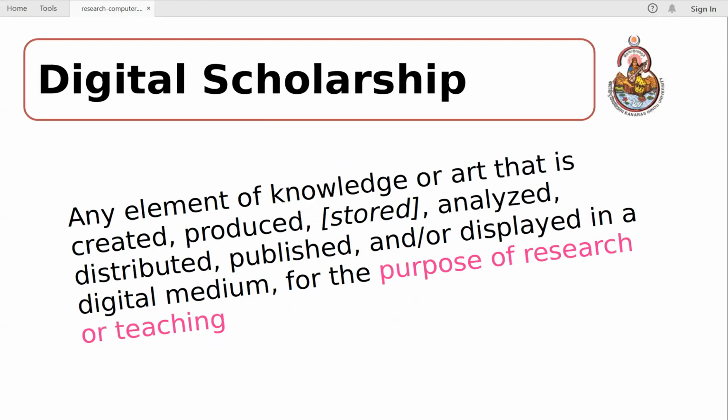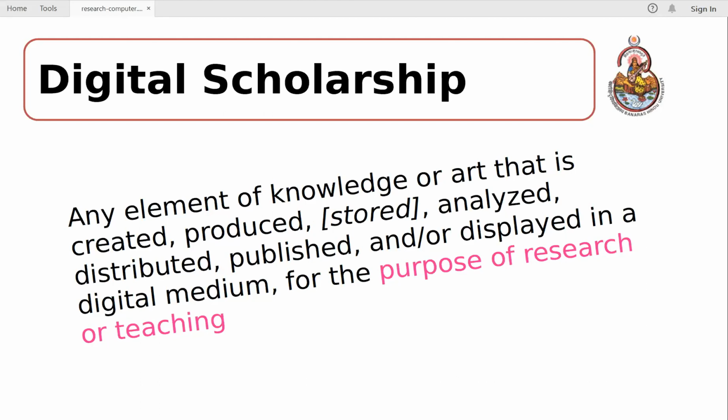We call it digital scholarship, where we create the resources, we produce and store the resources, we analyze, distribute, and publish the resources to our patrons, to our users in digital format.